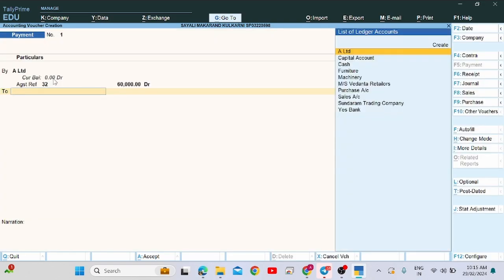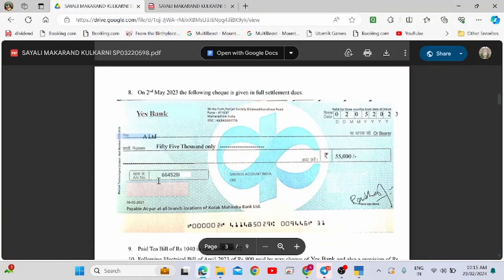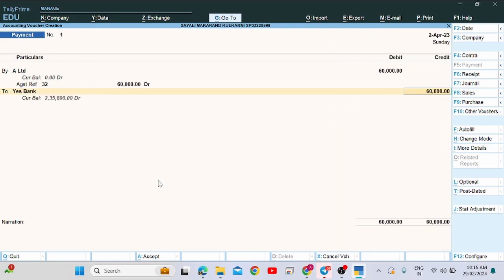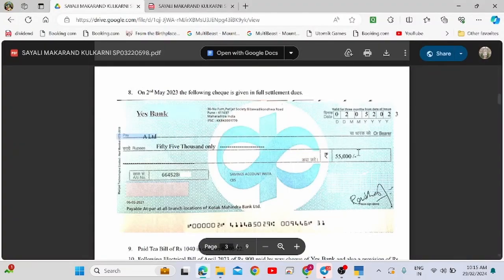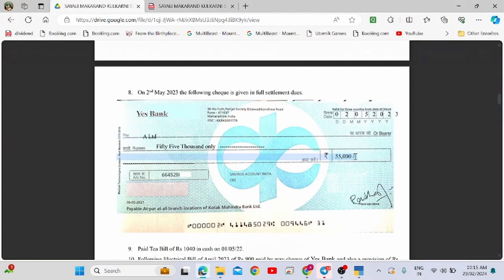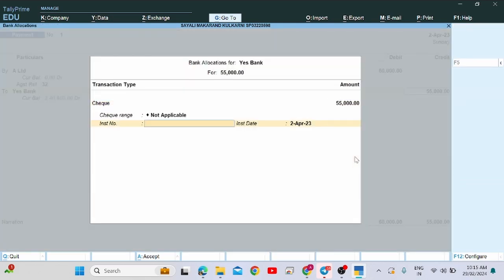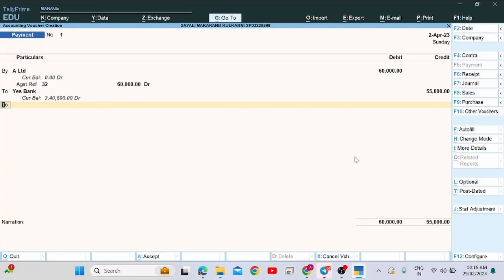And then here you have given the check of the S bank, therefore you should select S bank, don't select cash. The check is of rupees 55, therefore in front of bank you should write 55. This is the instrument number, that means the check number.